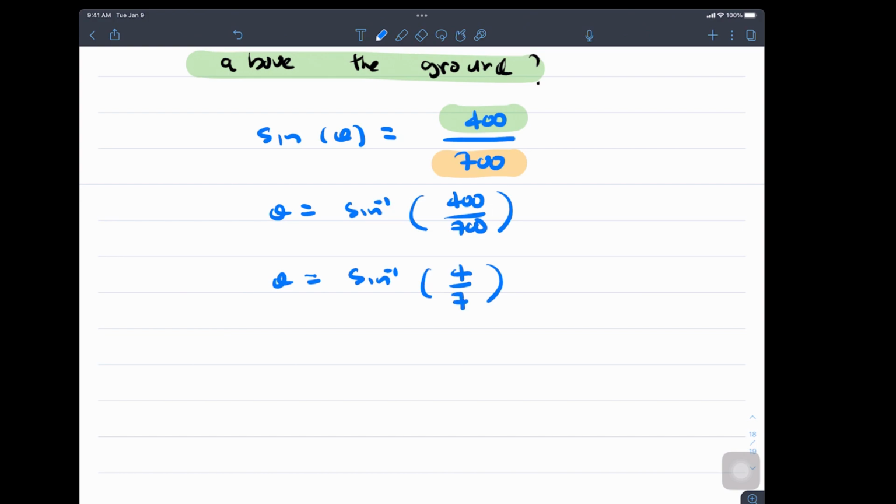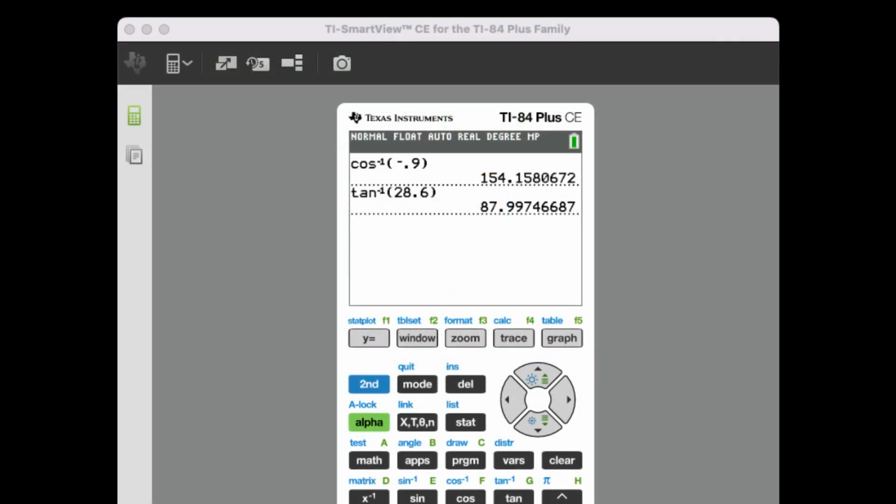And then now I can do what? I could go to my calculator and say, calculator, what in the world is inverse sine of 4 divided by 7? Do you guys know what I mean? And what do they say now? What is this to the nearest degree? Theta is about 35 because my calculator is set to degrees.